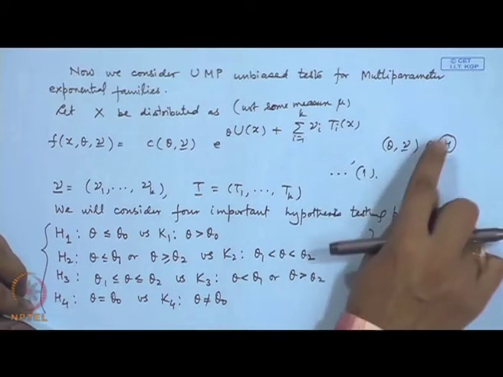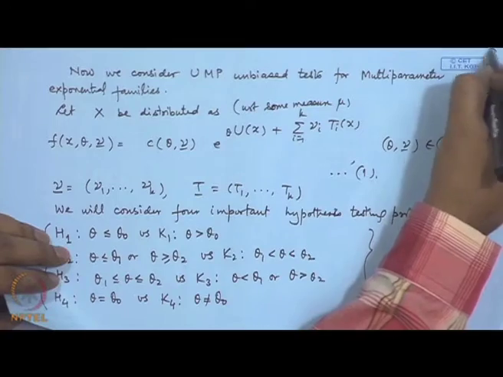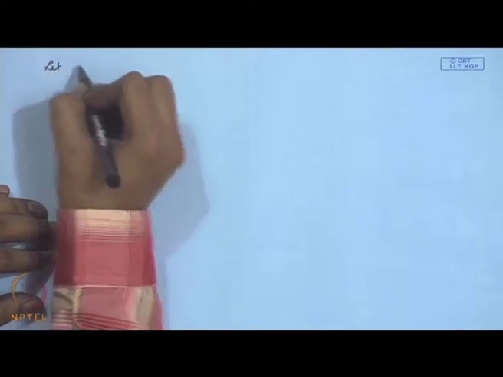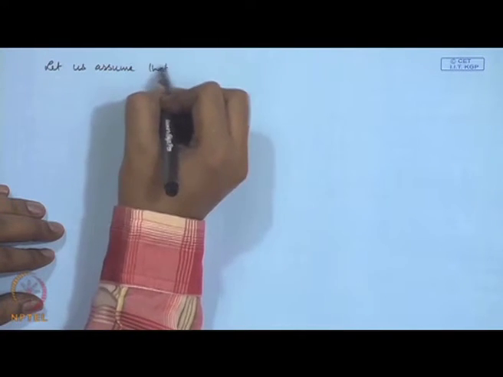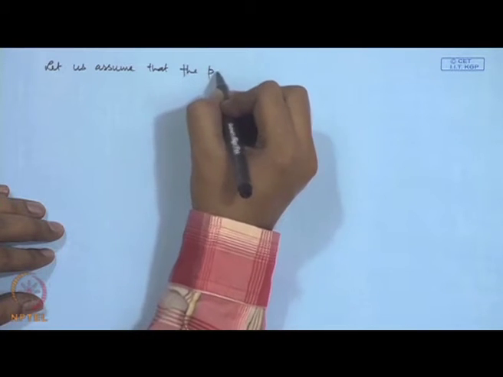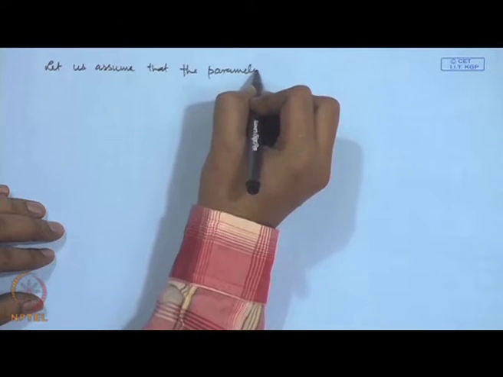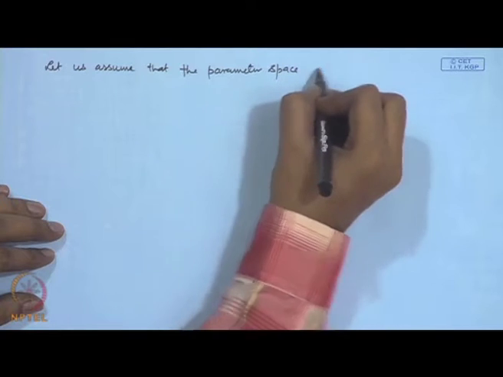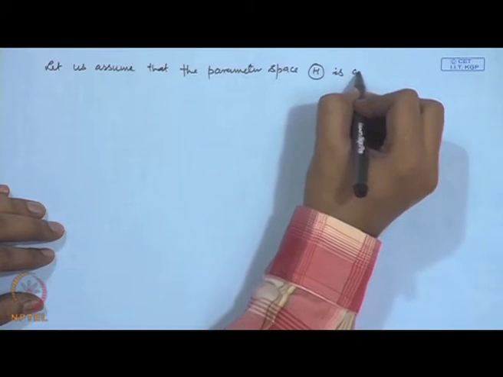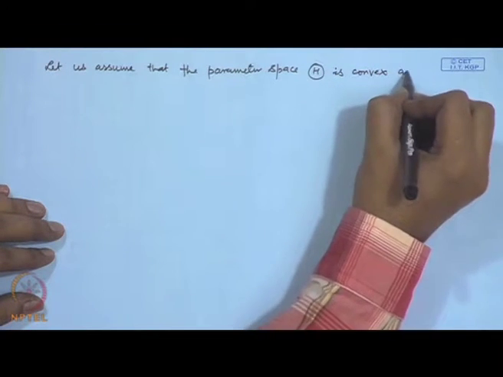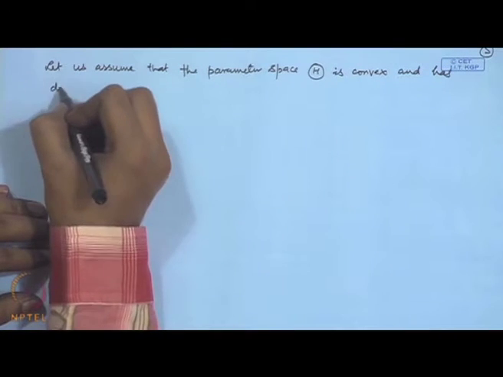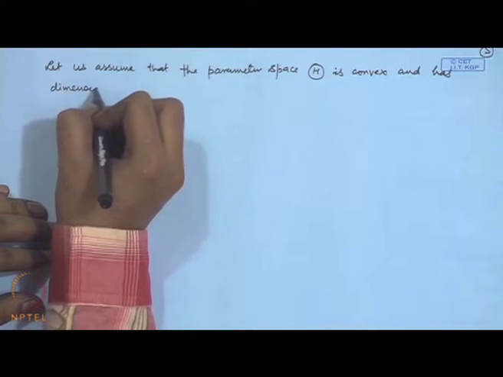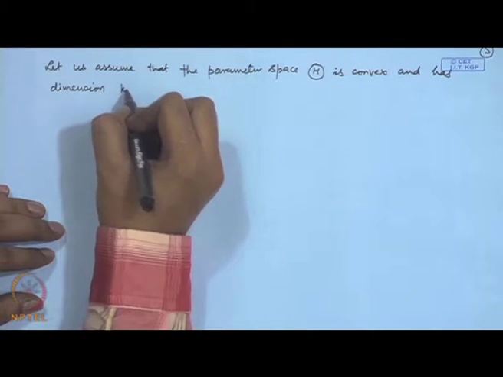Now, we make certain assumptions on the parameter space also. Let us assume that the parameter space theta is convex and has dimension k plus 1.